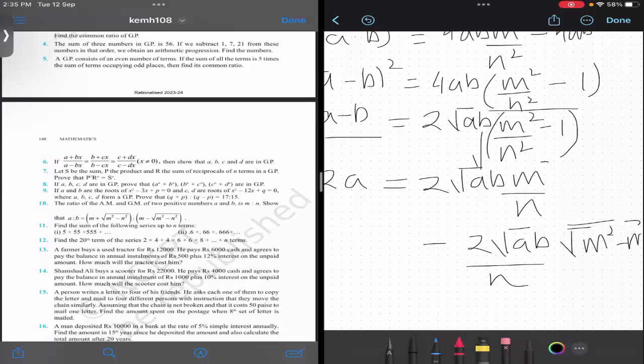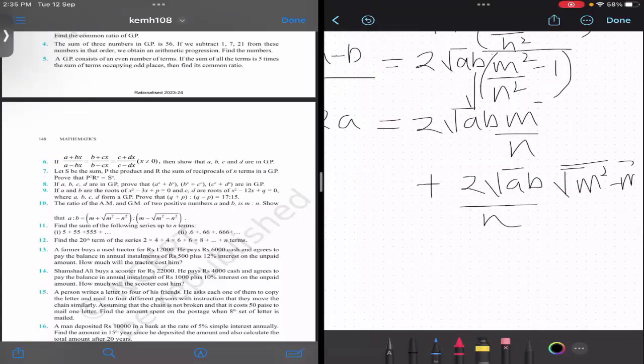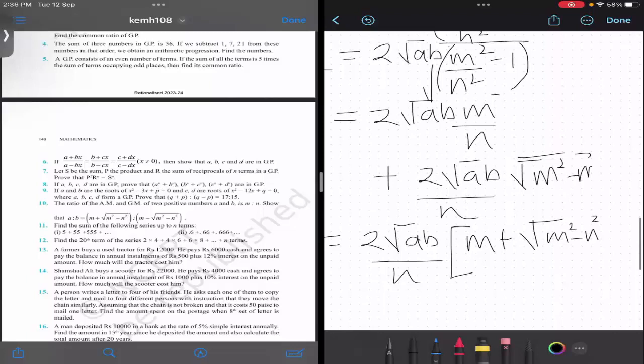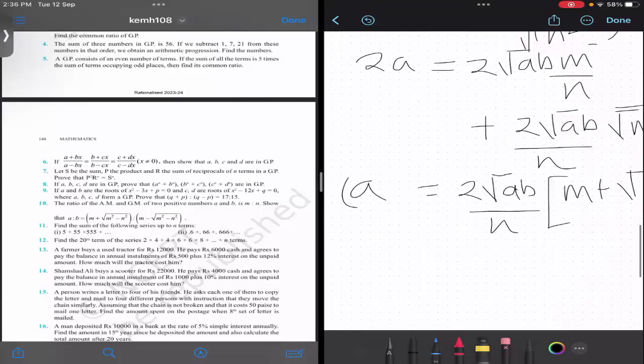Taking these two out common, since we have added up, this is going to be plus. To take 2 root AB upon N out common, in the brackets you would have something along these lines, M plus under root M square minus N square. Correct? This is going to be the value of your A.